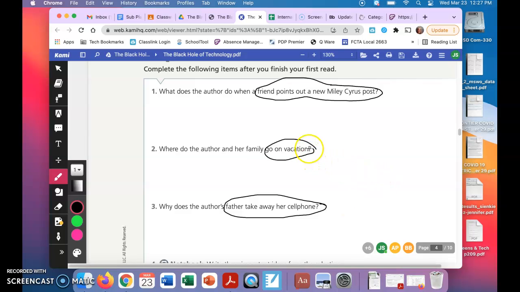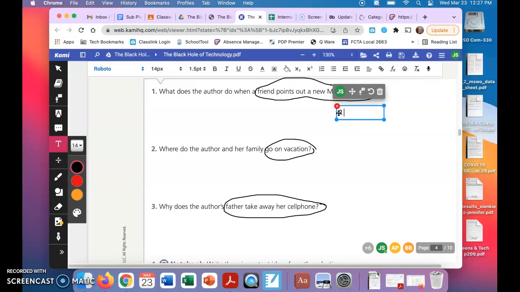But I want to remind you of a couple things when answering your question, and I'm going to write that on the side here. You need 2 sentences for each of your answers. 2 sentences. Oops, I have to spell it right. Oh my goodness, sentences for each answer.